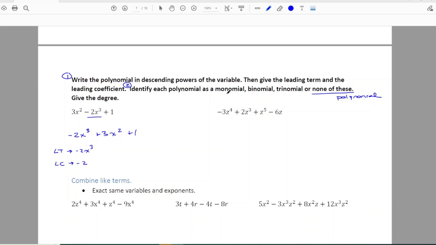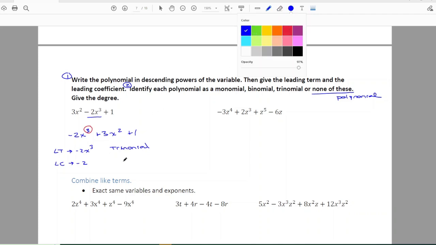Identify this polynomial as monomial, binomial, or trinomial. Well, because there's three terms, we'll call this a trinomial. And then lastly, give the degree. So since I've written this in descending orders of power, my degree is going to be the exponent on the leading term, which will be a third degree.